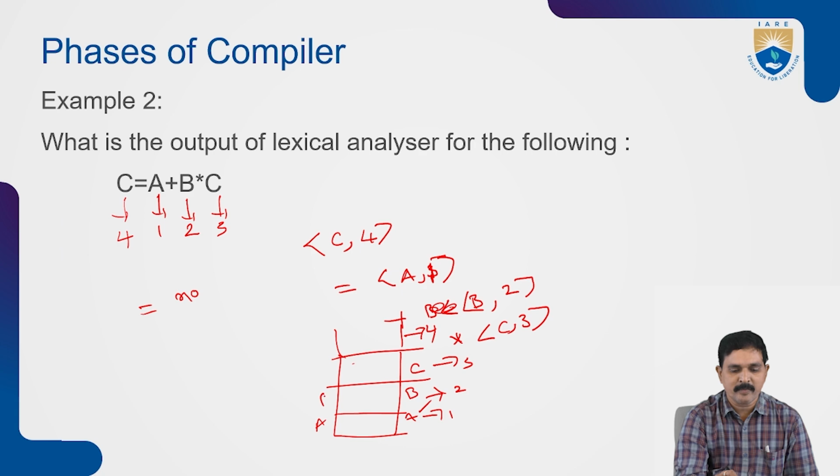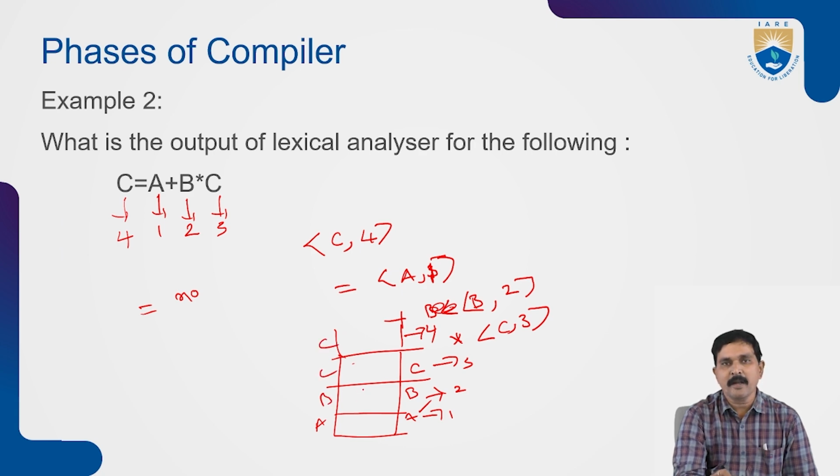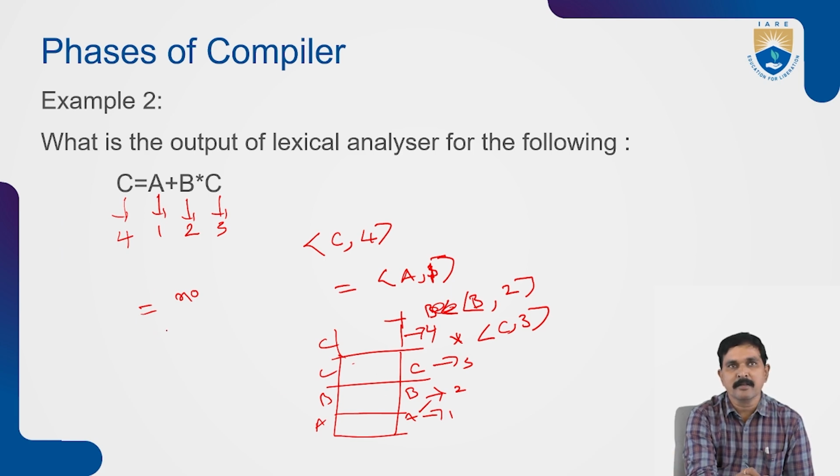This is the A value, this is the B value, this is the C value, this is the resulting C value. We cannot assign a location for operators, so the assignment operator, equal, and multiplication have no symbol table entries.